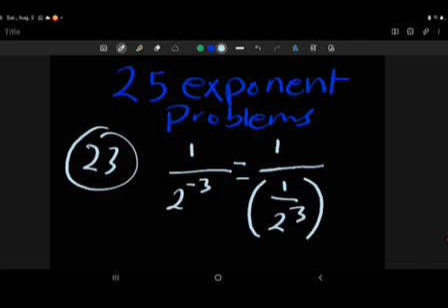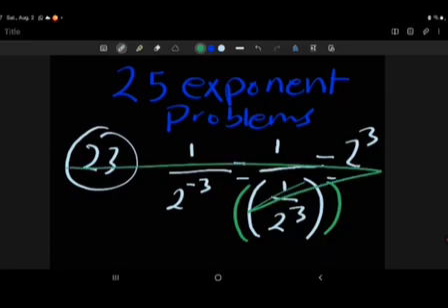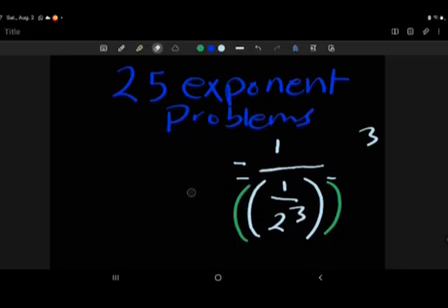And basically when you're dividing by a fraction, you have to flip the fraction to find the answer. So it becomes 2 to the 3rd power, because this part here becomes flipped. So that's just a little background on dividing by a fraction. Okay, that's number 23. Let me erase that.